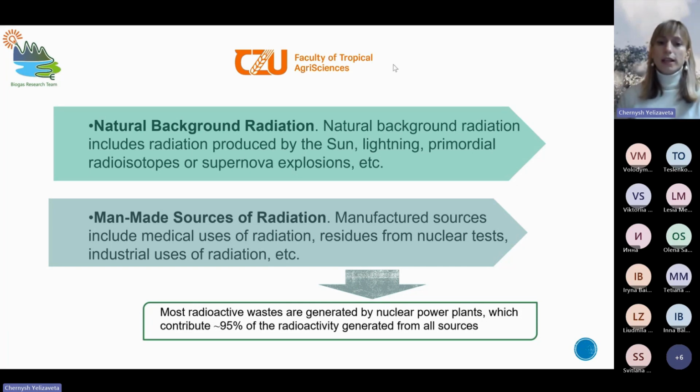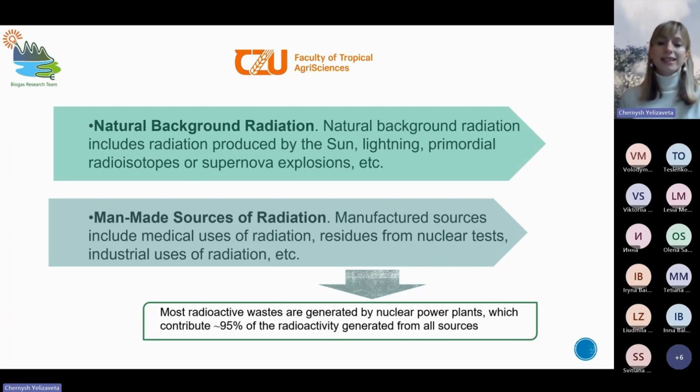Also, of course, we have natural background radiation, and it's mostly radiation that we feel every time in our lives. That natural background is mostly connected with primordial radioisotopes that are present in the land and in us.